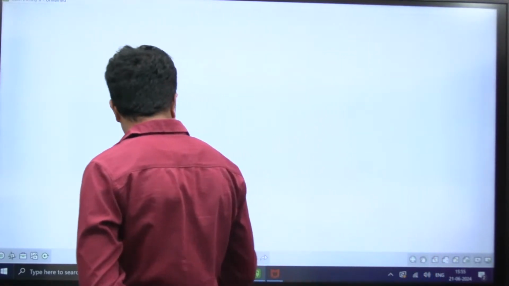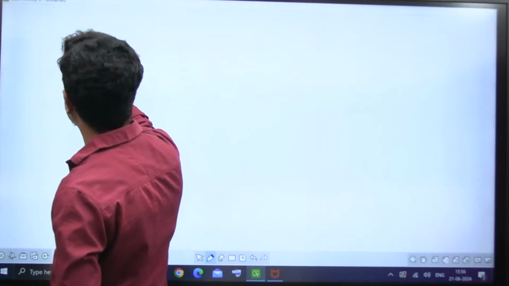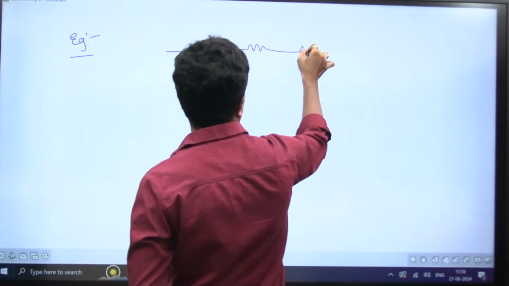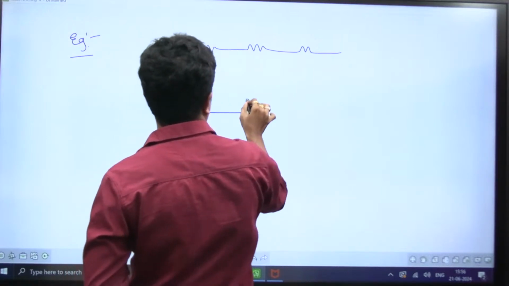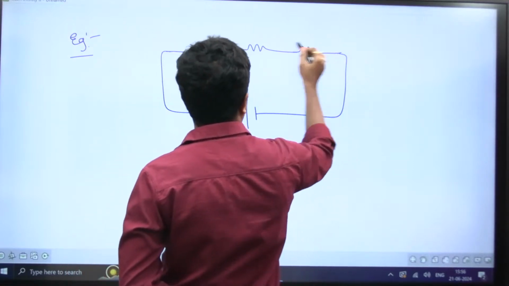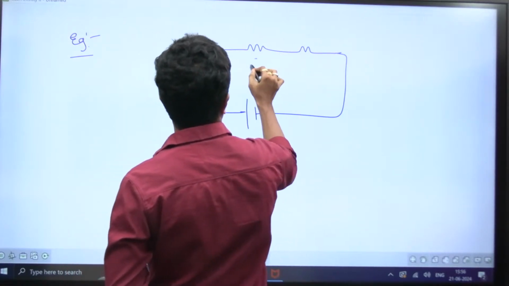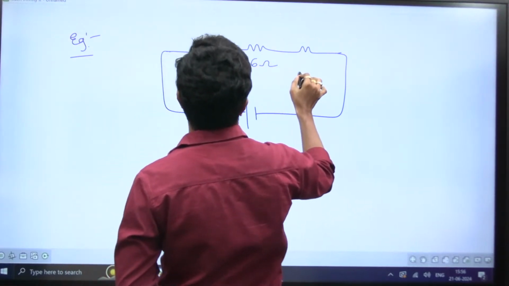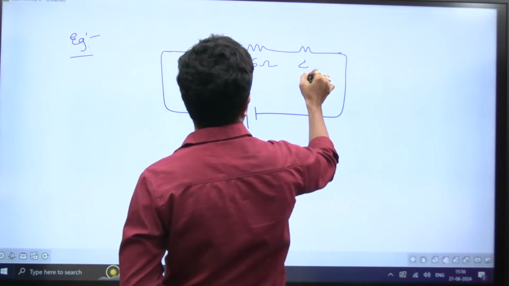Observe here, please. One question I'm giving. This is 2 ohms. This is 6 ohms. This is 4 ohms.